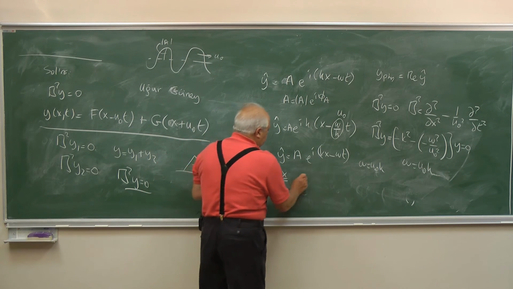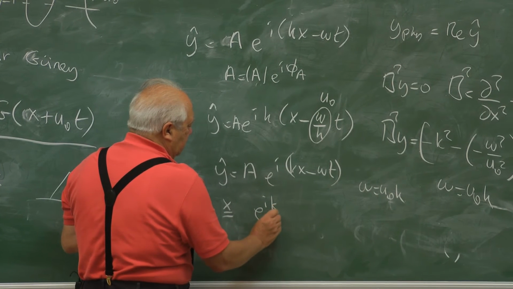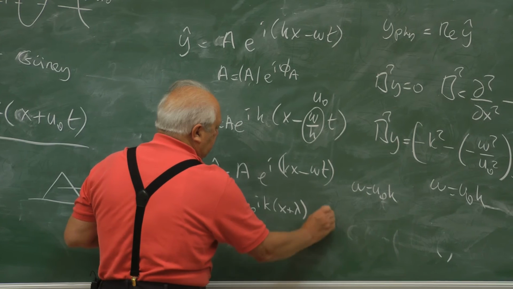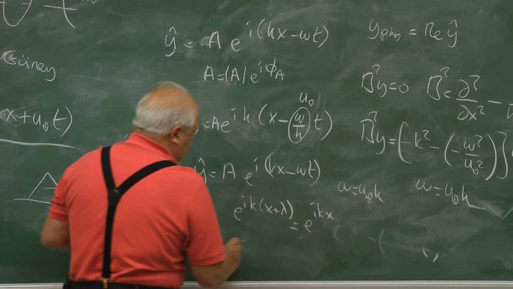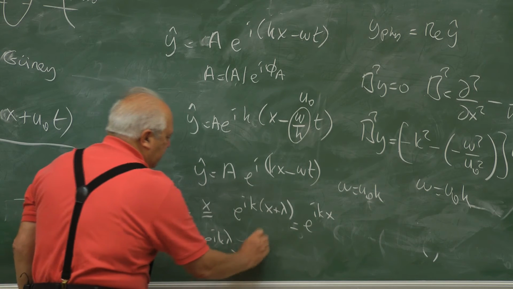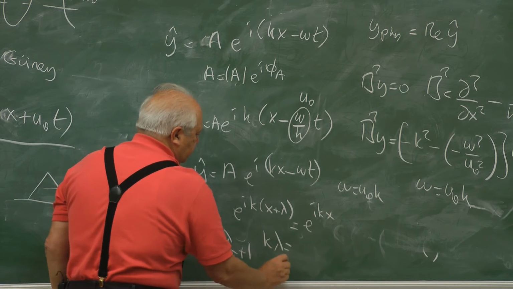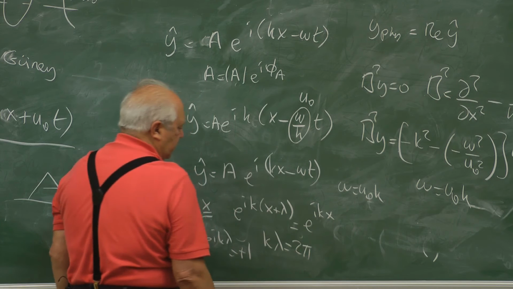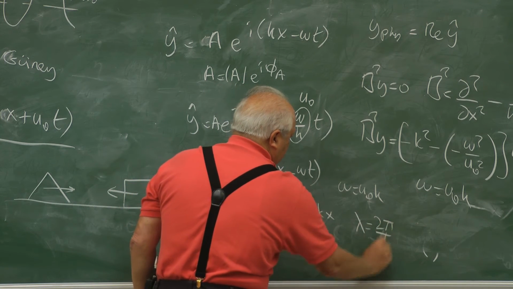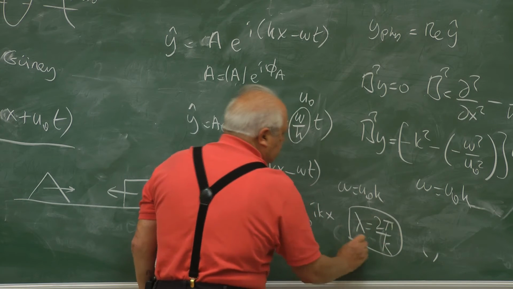That means e to the i k (x plus lambda) has to be equal to e to the i k x. Therefore, e to the i k lambda is equal to plus 1. Therefore, k lambda is equal to 2 pi, and lambda is equal to 2 pi over k. So lambda is the wavelength.